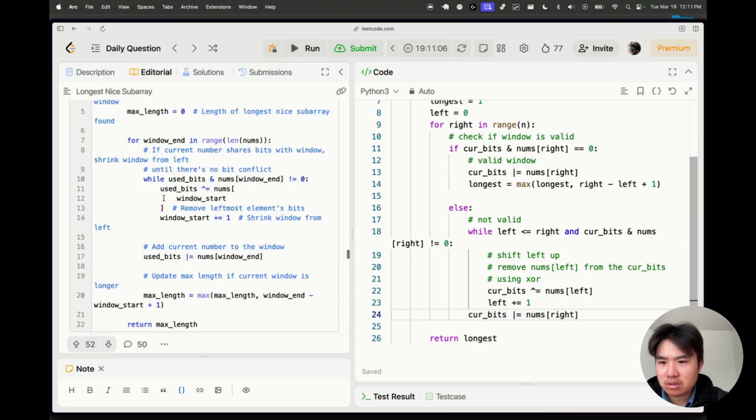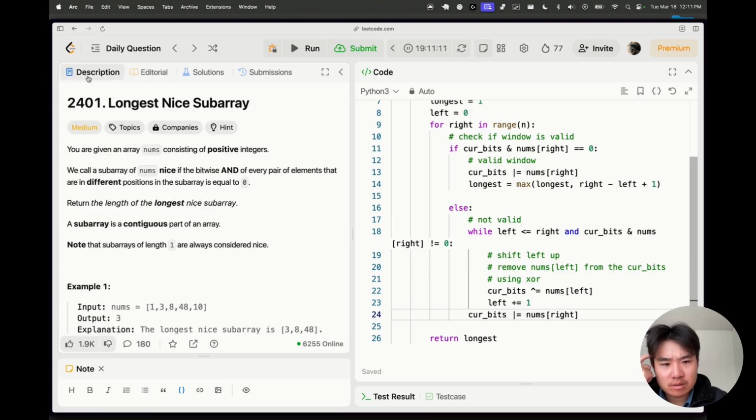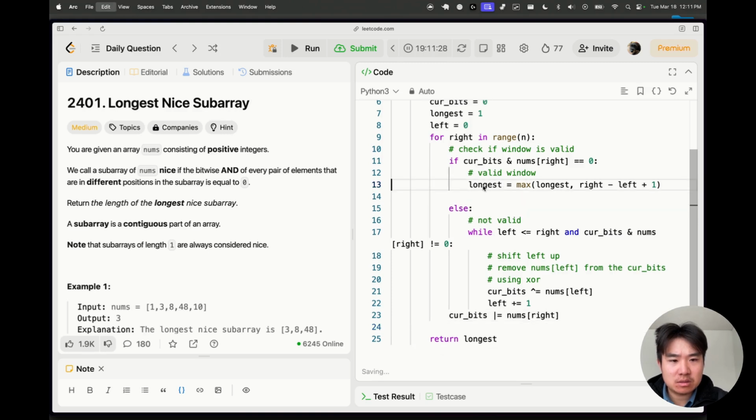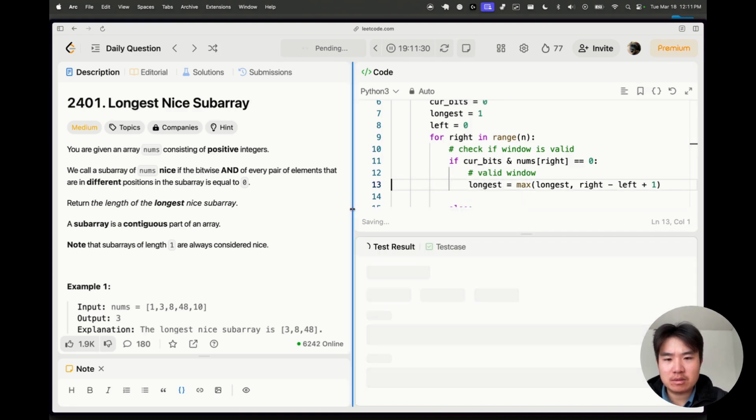Is that what they did? We have to OR it with the nums at right. Which, since it's in the if and the else and we do the same operation, that's why we could just take it out, I guess, and do it like this. Let me run that.